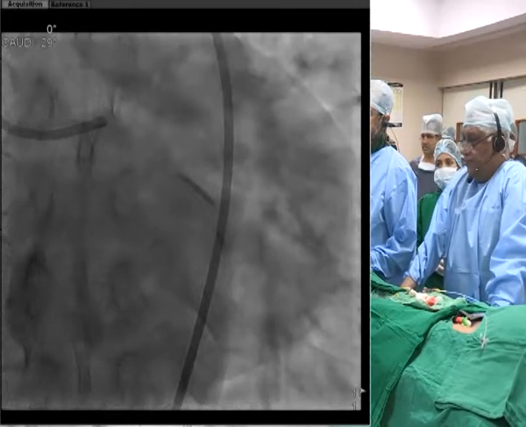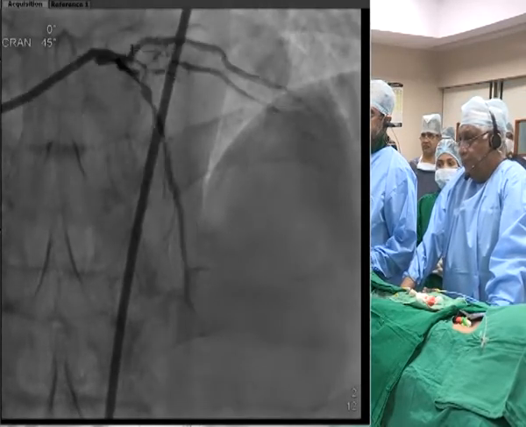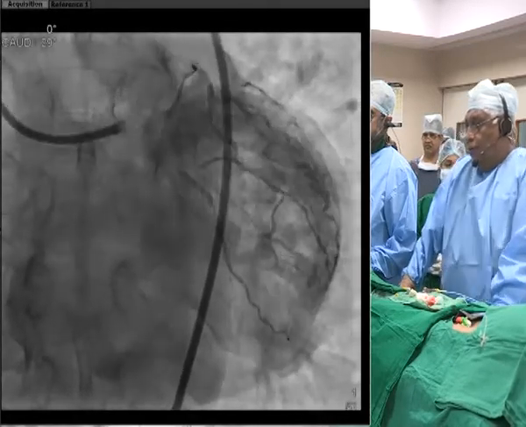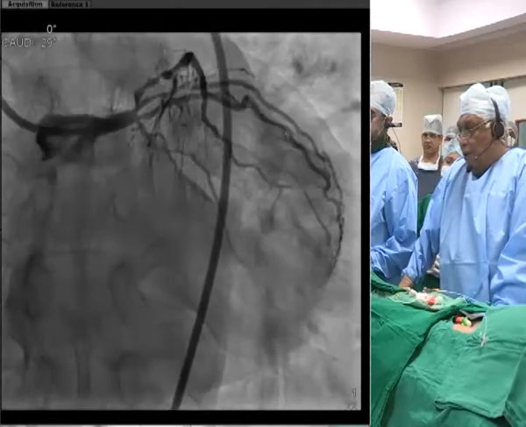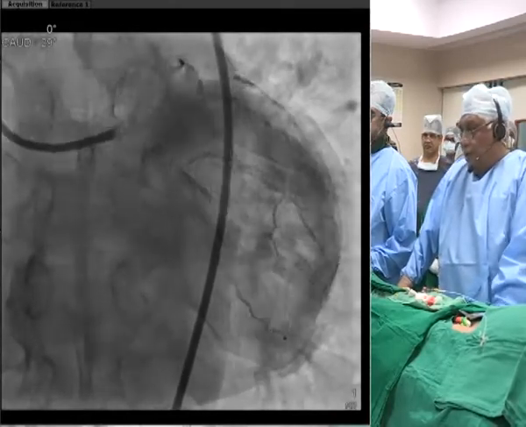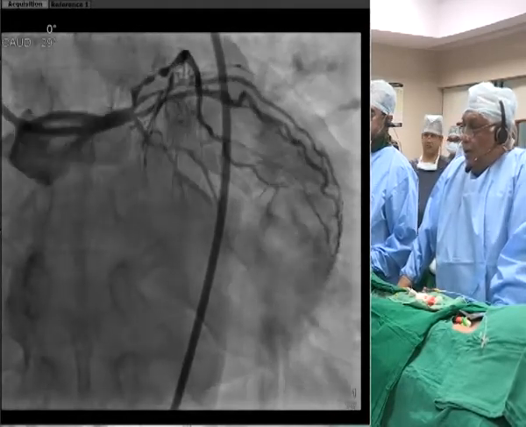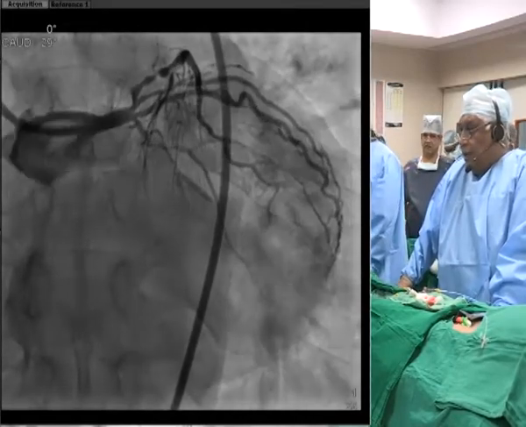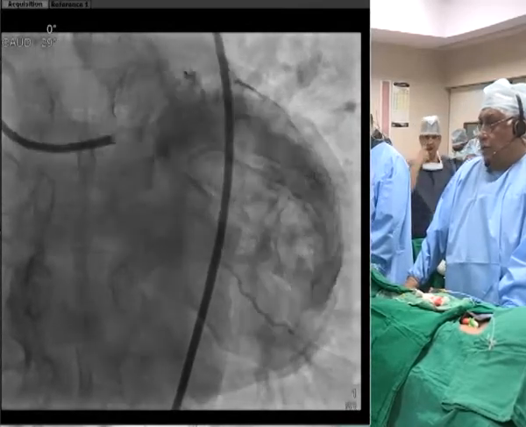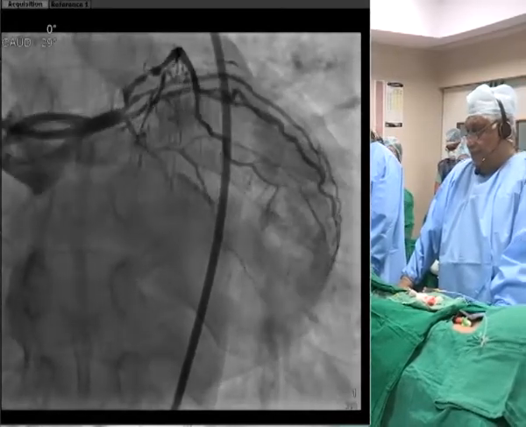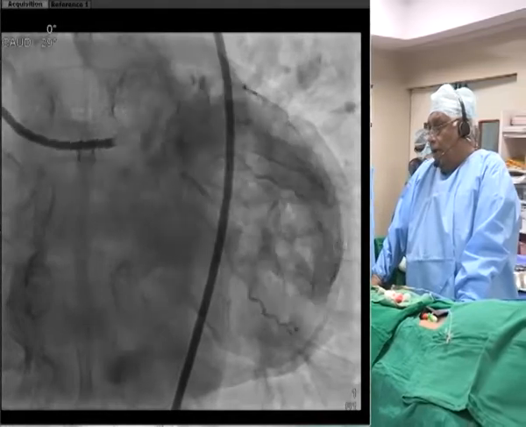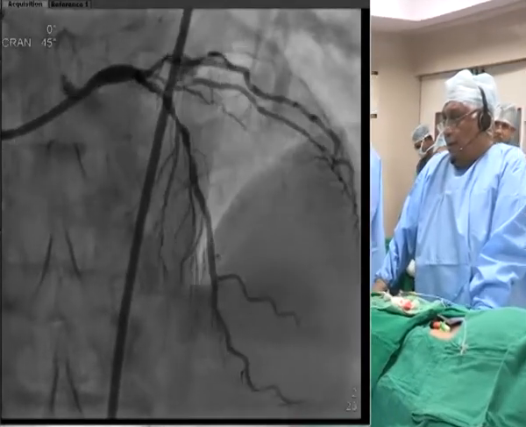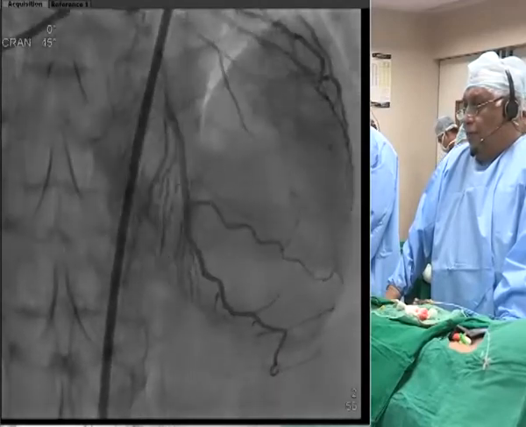Next picture. Previous picture. I want you to show the audience the importance of multiple views to delineate the lesion and profile it properly. It appears that the diagonal also arises from the left main. But if you go to the next view, the epicranial, you see a different picture altogether.